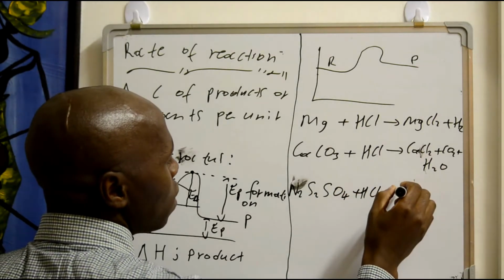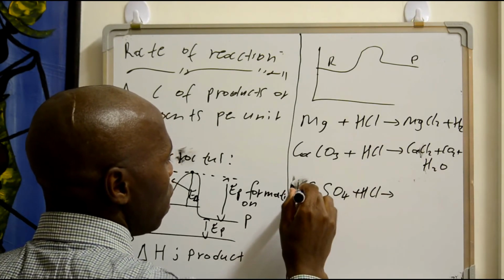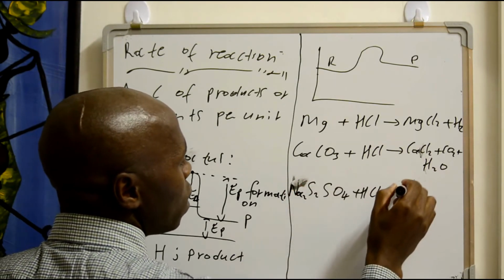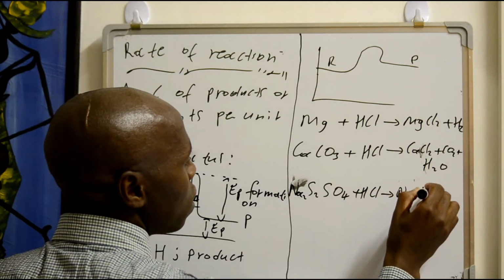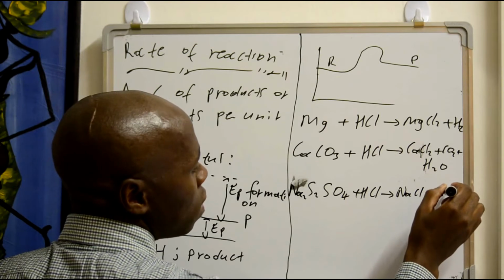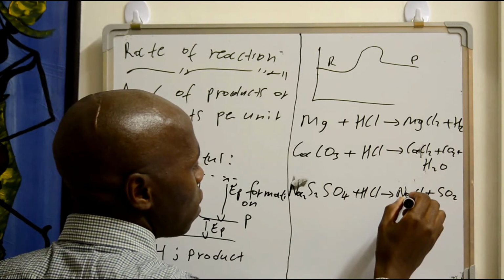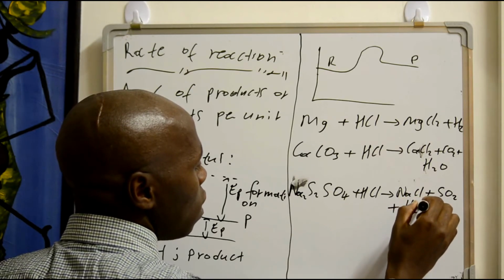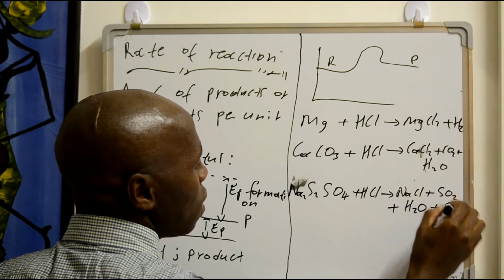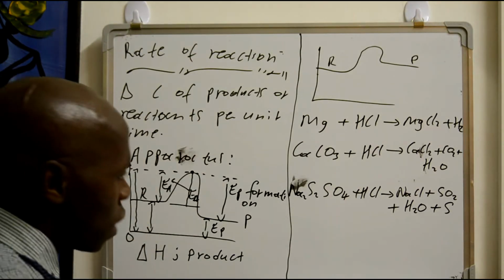Then apha siphuma the sodium chloride, which is salt, plus SO2 plus water plus sulfur. The product zakho ezi surely zikhona ku-textbook yakho.